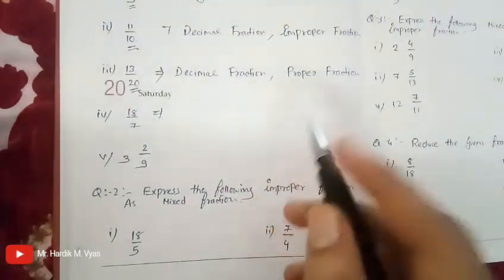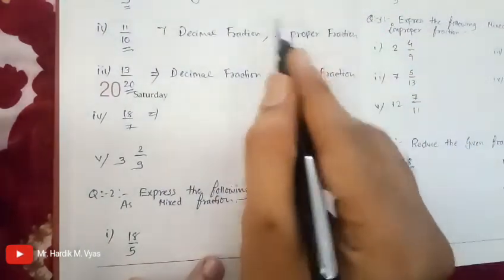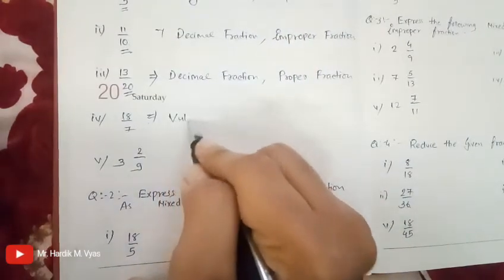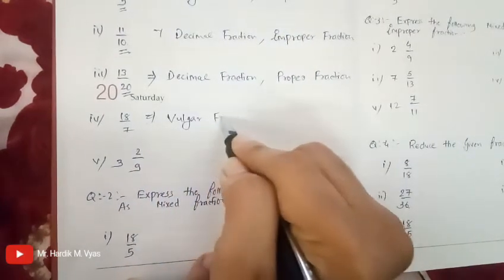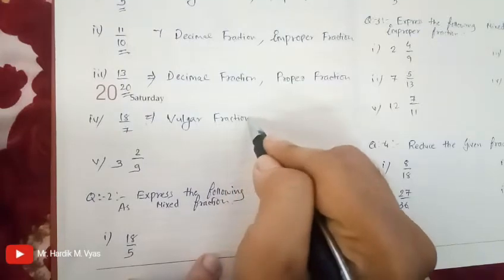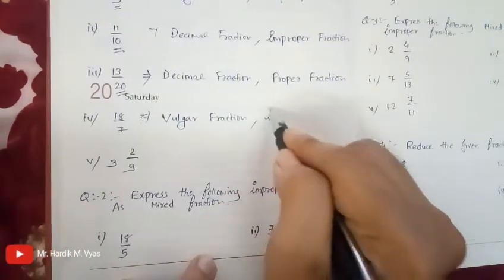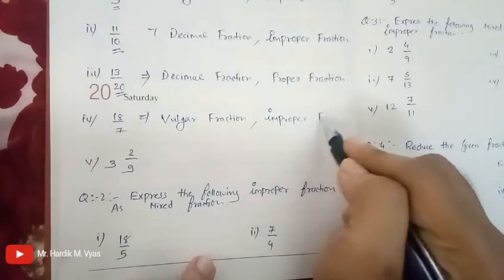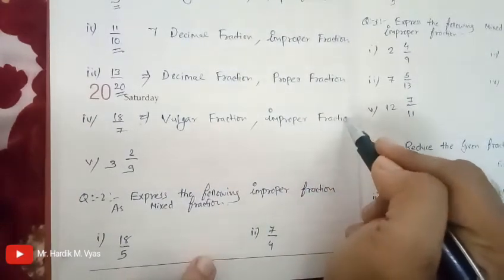Next question, 18 upon 7. So 7 is not a multiple of 10, so that is called a vulgar fraction. And here the numerator is greater than the denominator, so that's why it becomes an improper fraction.